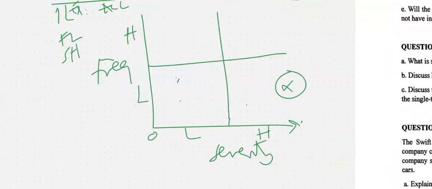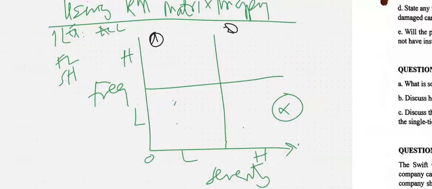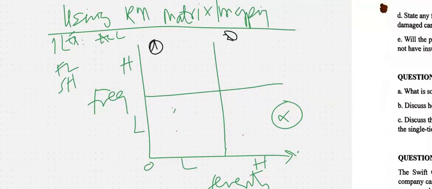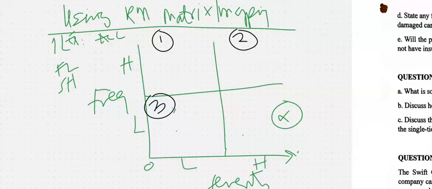Let me write it this way, I'm using black. We have quadrant 1, quadrant 2, quadrant 3, quadrant 4.